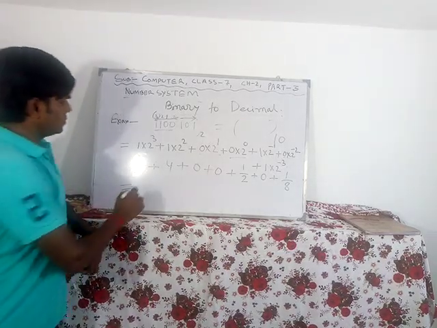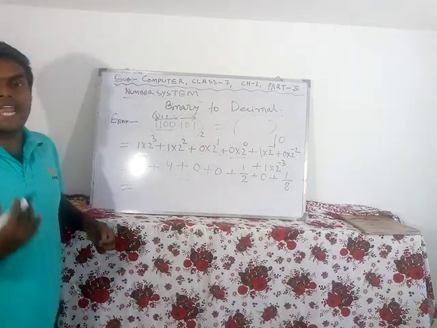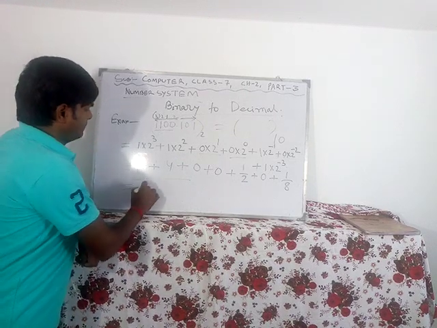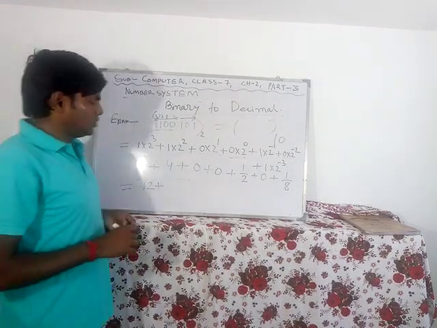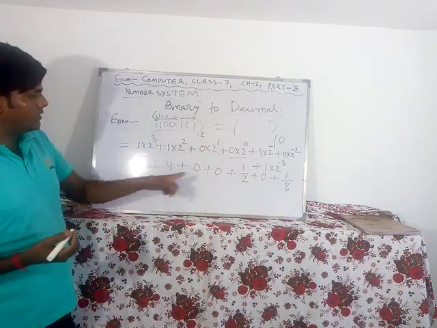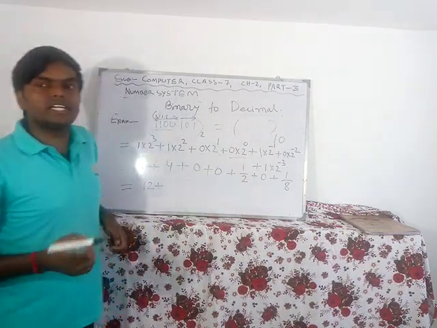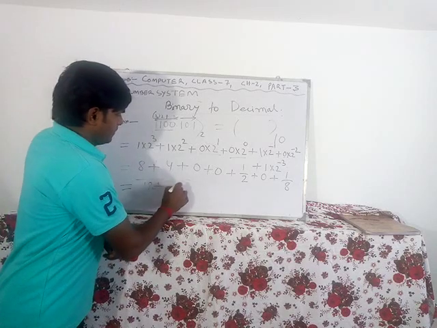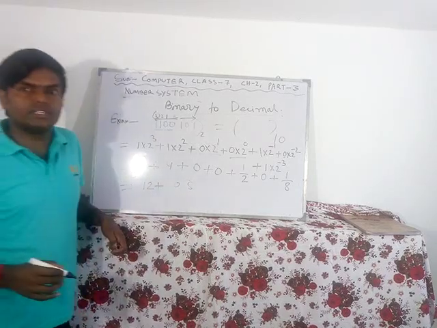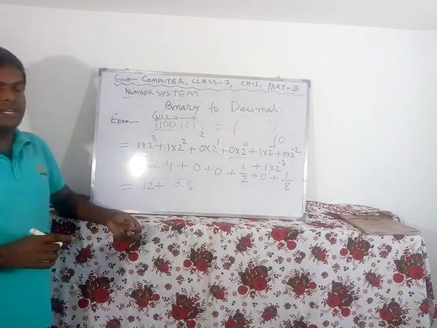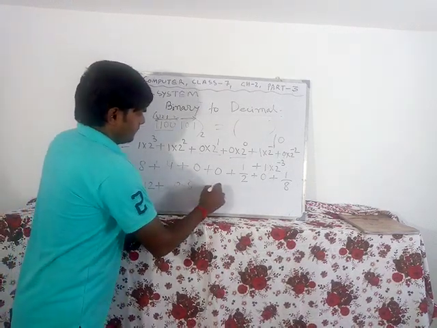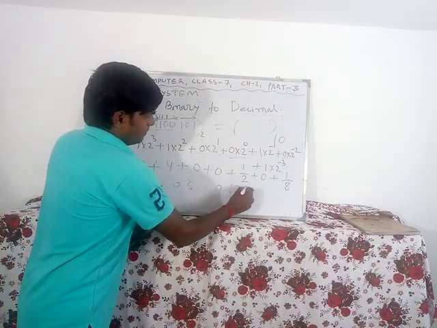Now the total. 8 plus 4 is 12. Then 1 by 2 means 0.5, and 1 by 8 means 0.125.